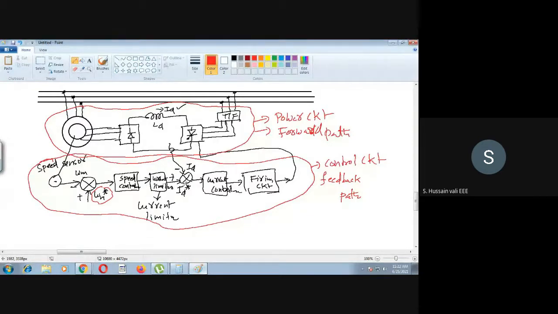The current limiter tells what the reference value of the current is, this inductor current. Then the actual inductor current we will compare. If there is error, that goes to the current controller, then to the firing circuit. You need a firing circuit here for your thyristors, and its input you get from the current controller. So this is the closed path.